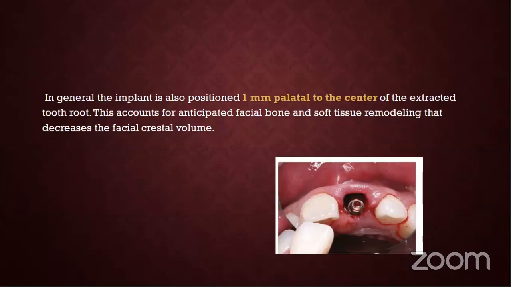We must consider resorption of facial bone and soft tissue remodeling after tooth extraction, and it is better to place the implant 1 millimeter palatal to the center of the root. Finally, we try to place the implant in the best position that is less affected by bone resorption.